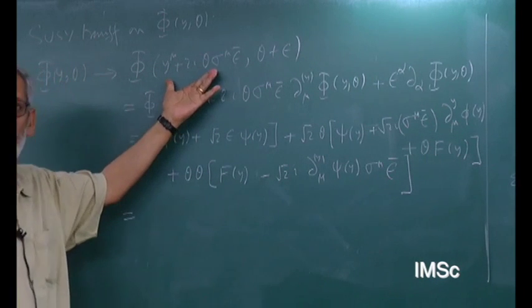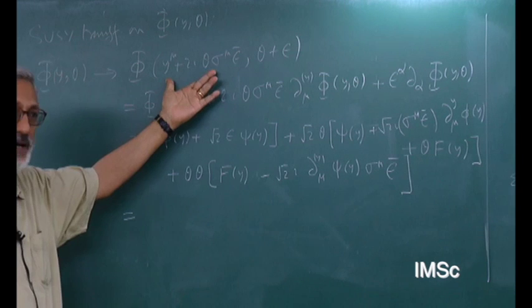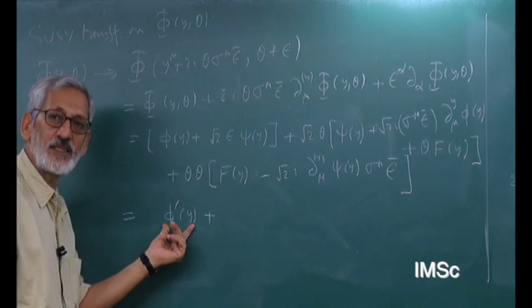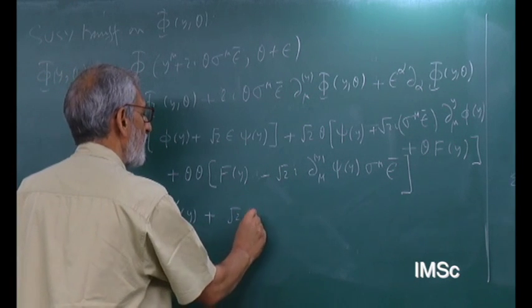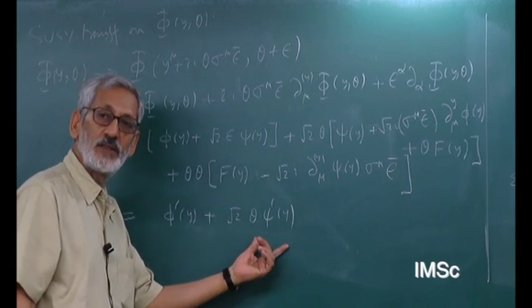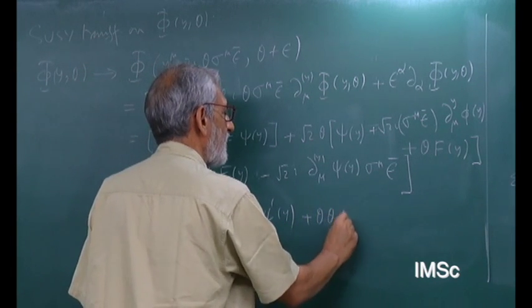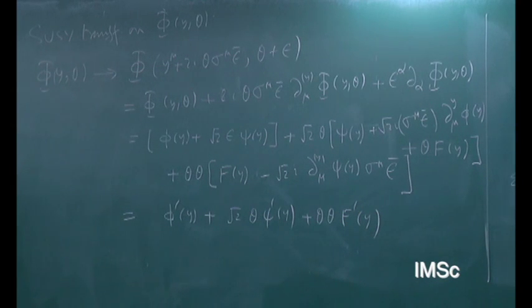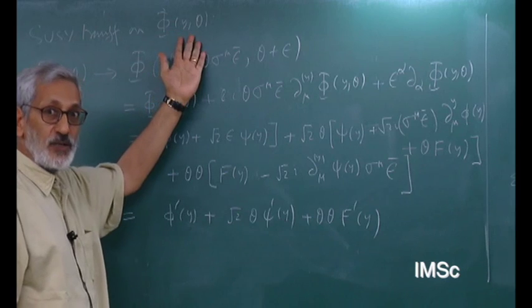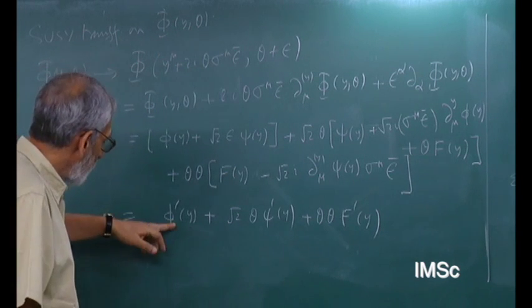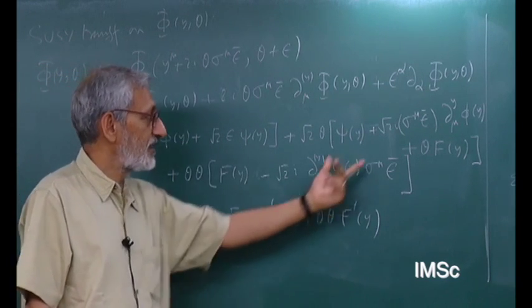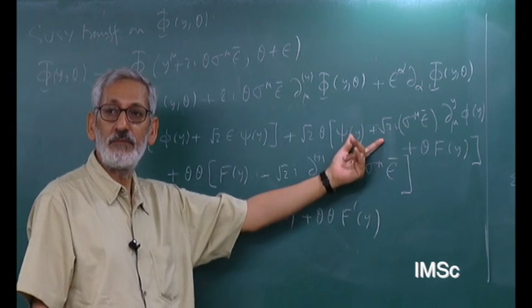Now this is the transformed superfield, and we can write this now as the transformed y component, the theta-less component of this object, plus root 2 times theta times the transformed y component, plus theta theta times the transformed f component. So now this tells us that supersymmetry acting on these chiral superfields changes the various components phi in this way, psi in this way, f in this way.